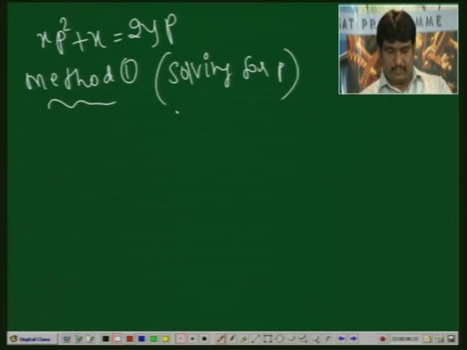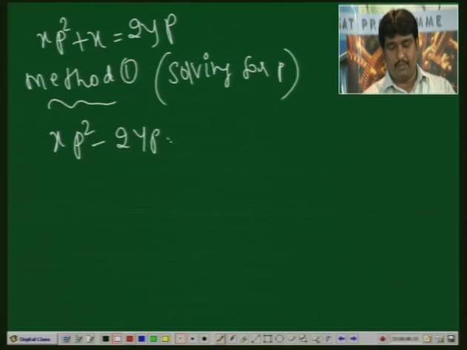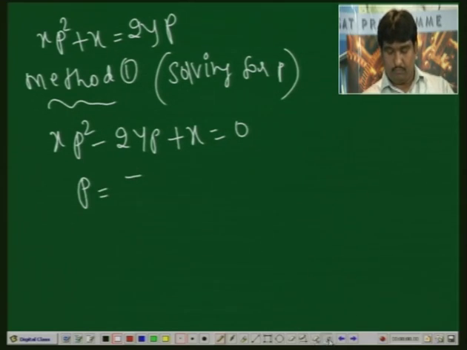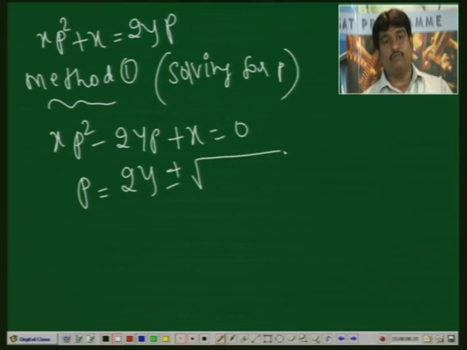Now I have to factorize this. It's like xp square, a quadratic equation in p. Xp square minus 2yp plus x equals to 0. So roots are p equals to minus b, which is plus 2y, plus or minus root of b square minus 4ac.